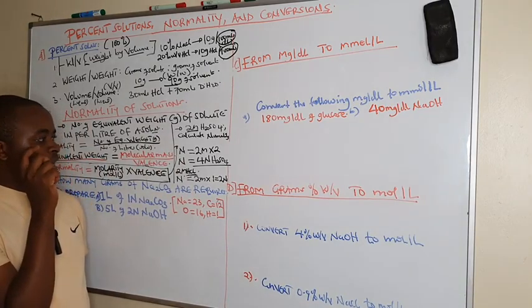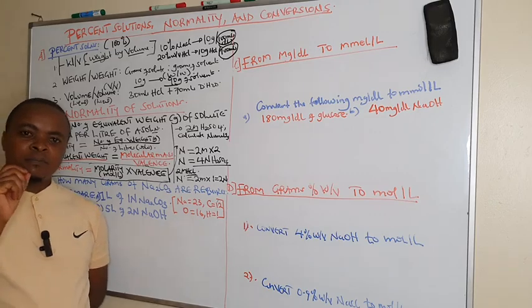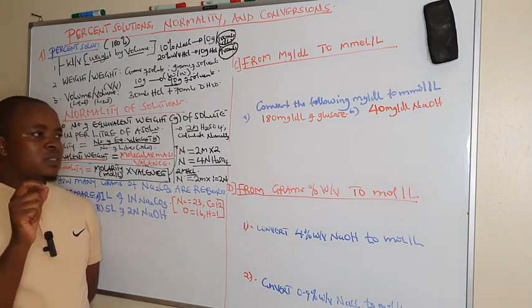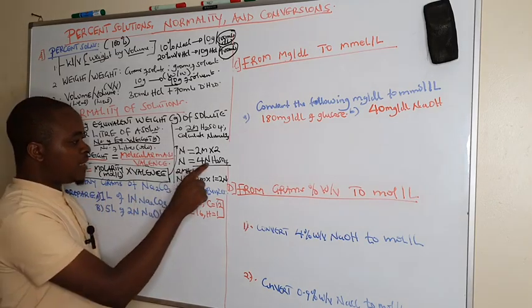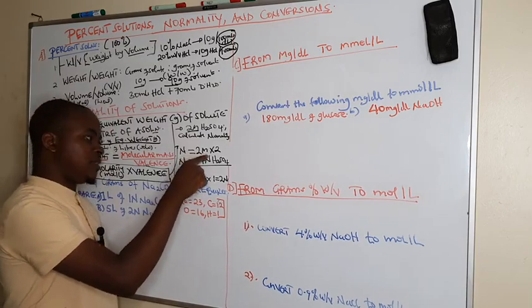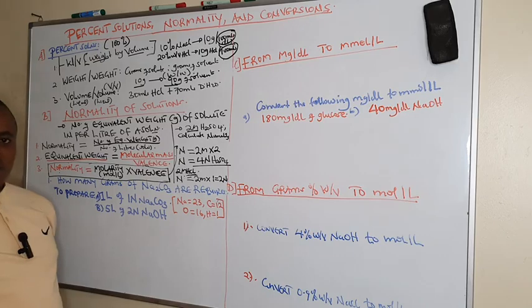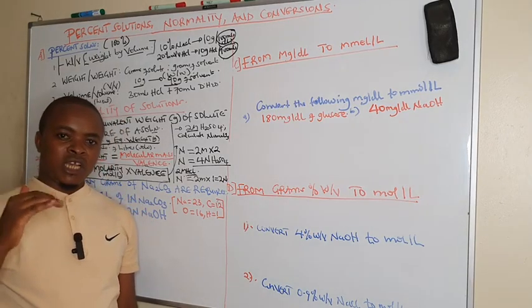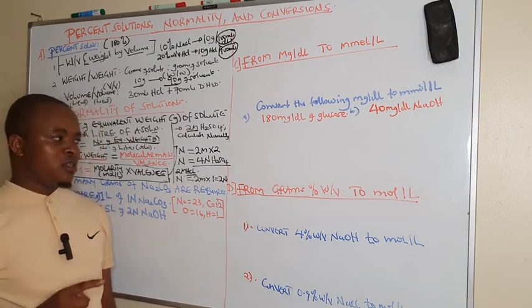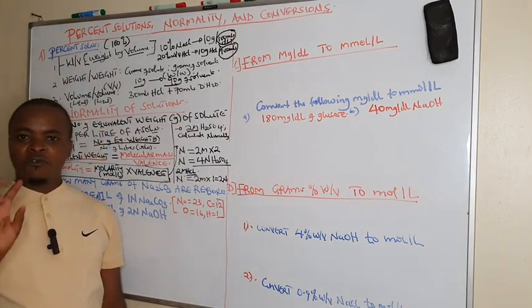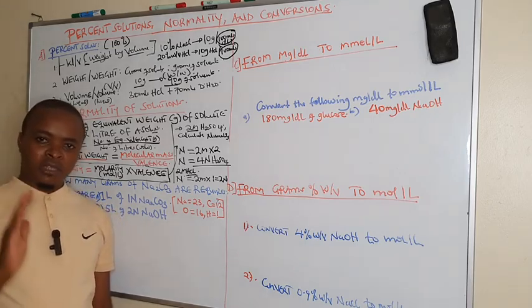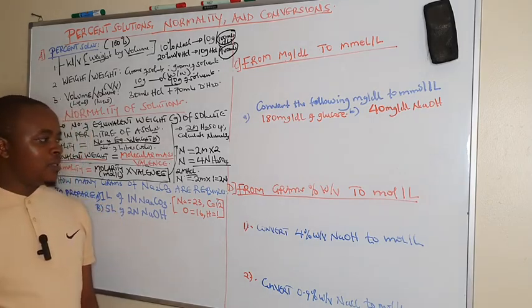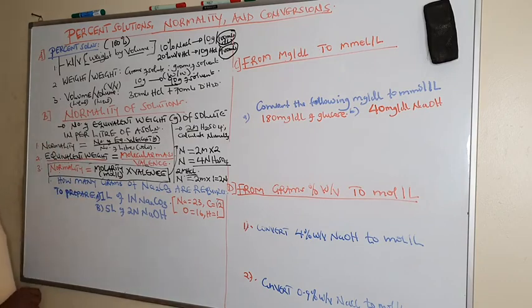So for divalent compounds, to get molarity from normality, you divide by 2. That is what I'm meaning. But for monovalent, normality is the same as molarity.